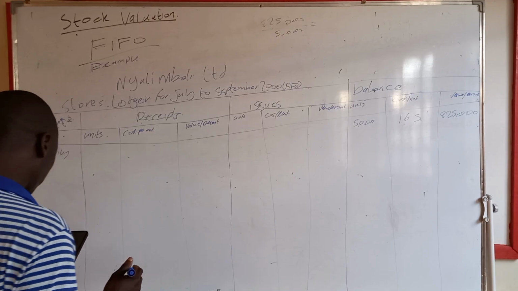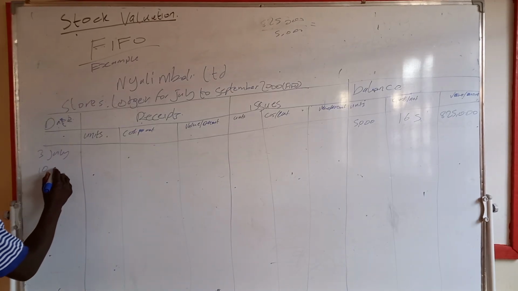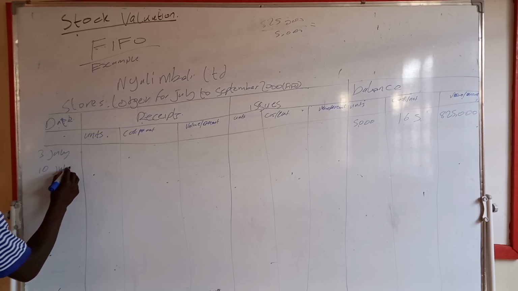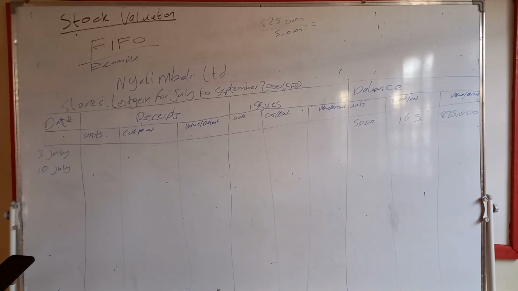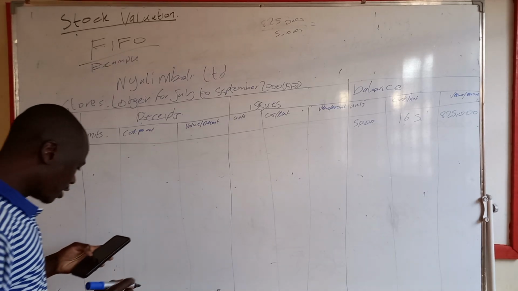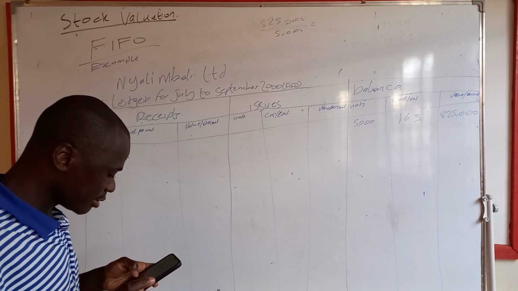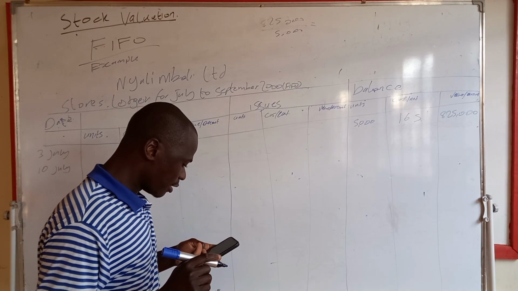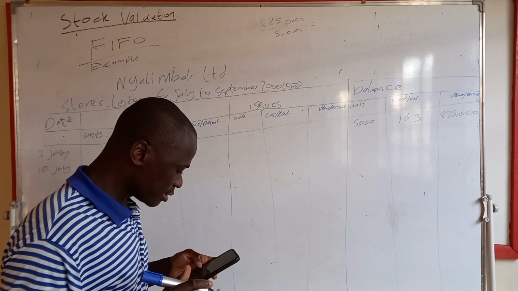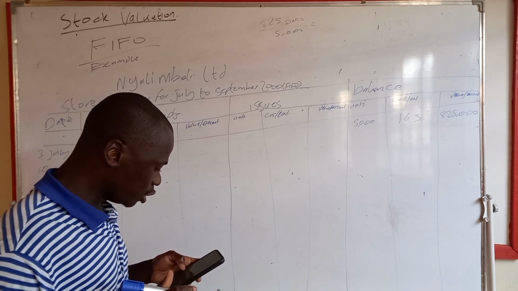Now, on 10th July, what happened? Orders placed with the company increased, so extra tiles had to be obtained from Mombasa. Therefore, 22,000 tiles were purchased at a cost of 140 each.